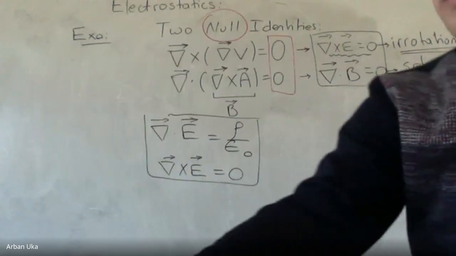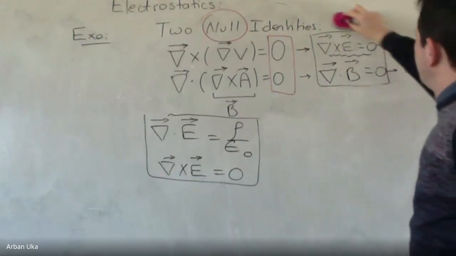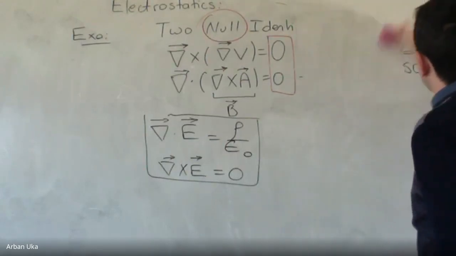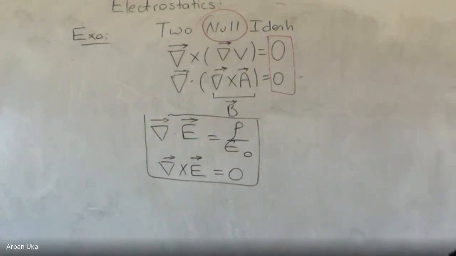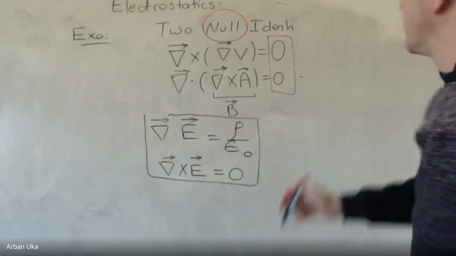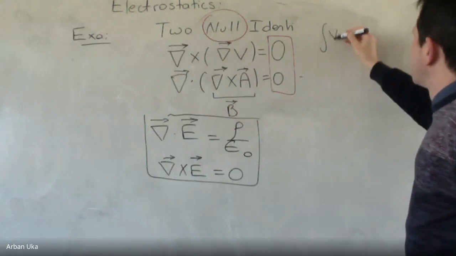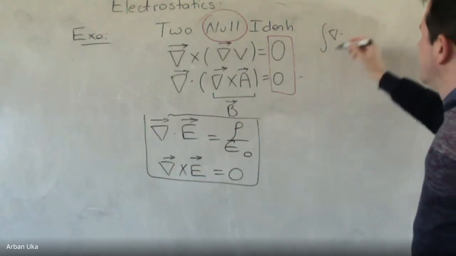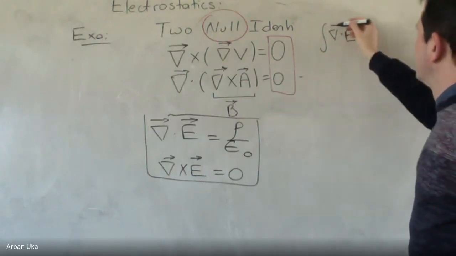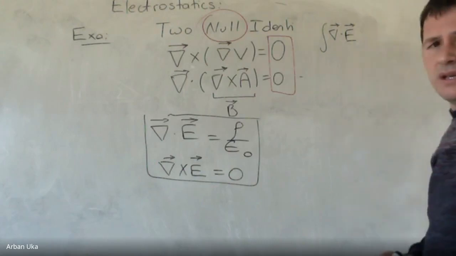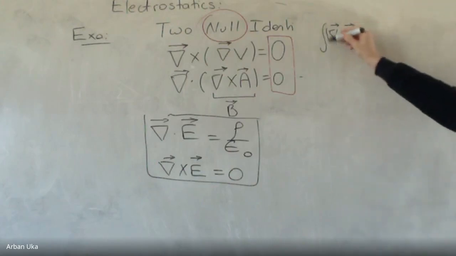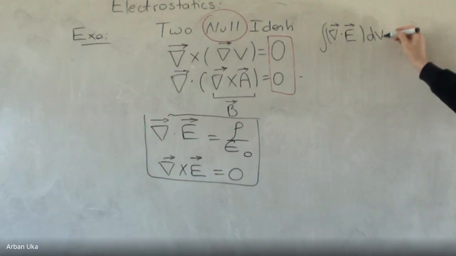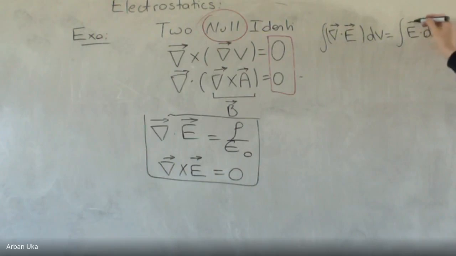If you remember, we had the Divergence Theorem and the Stokes Theorem, where the Divergence Theorem was written like this. So we have the divergence, and in this case let's consider the electric field to be the field of interest. If we integrate this over volume, this should be equal to the integral of E dot dS.